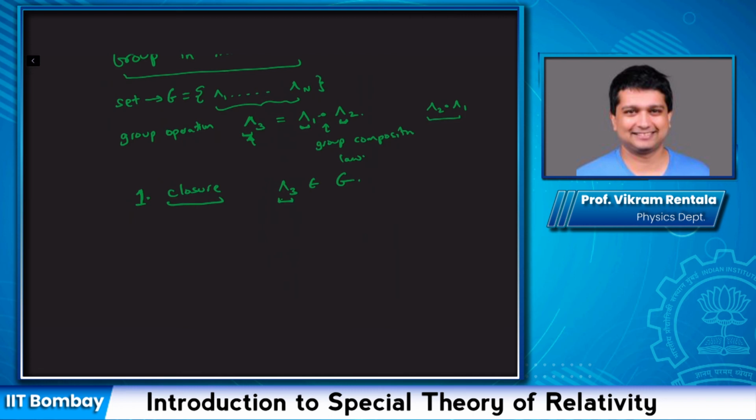So the first property is closure. That is, when I compose two group elements, I get back a third element belonging to the same set. The second property is associativity.